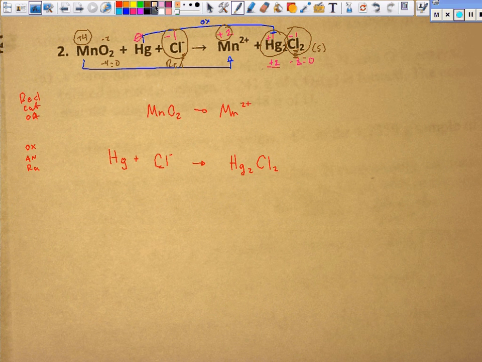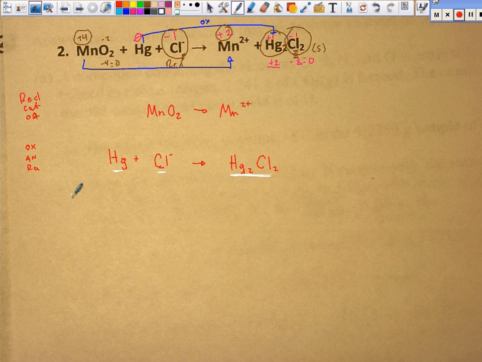Now, the top one. We have one Mn, and then 2 O's. Well, we know since this is an acidic solution, we can balance using waters. Specifically, we need 2 waters. Now since we have hydrogen, since it's acidic, we need to add 4 H pluses. Since we're in the reduction side, remember, we need to put the electrons on the reactants.